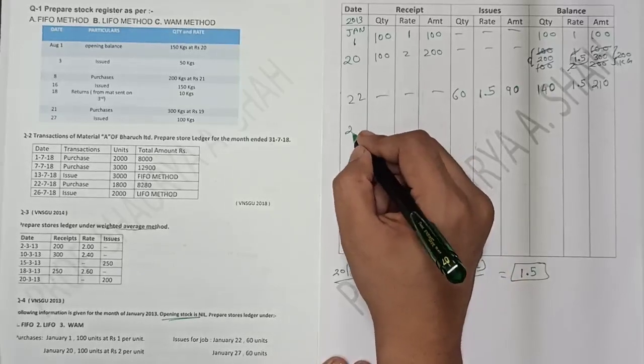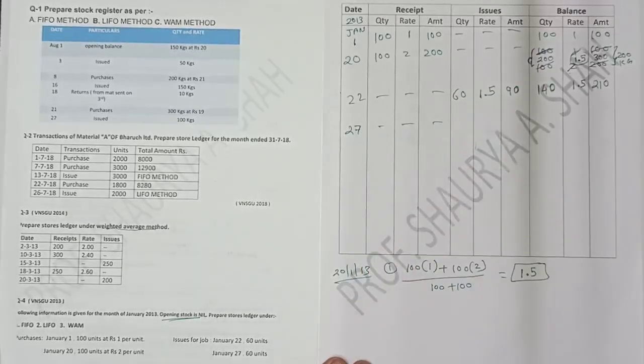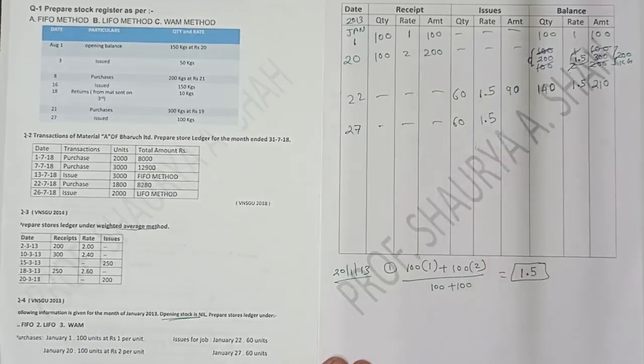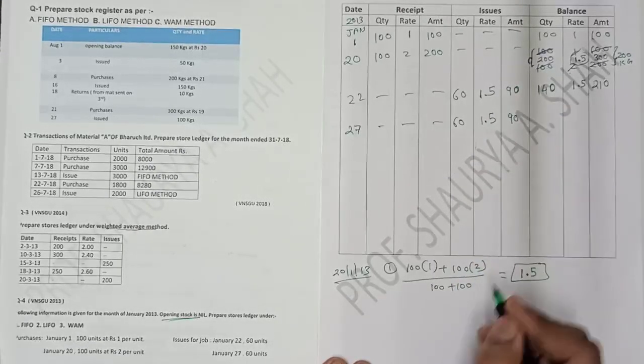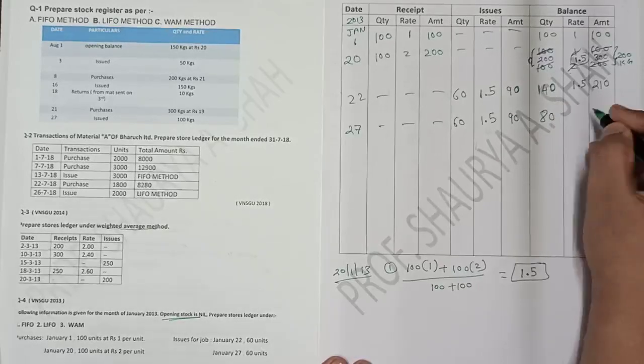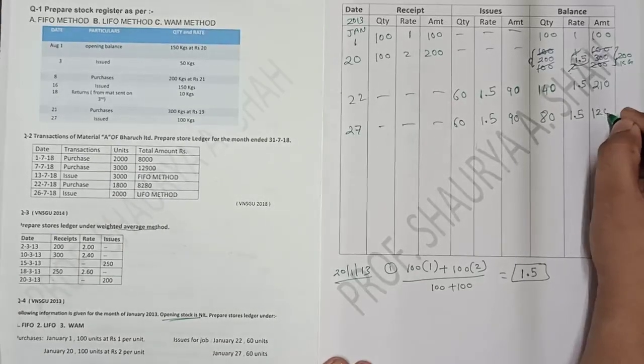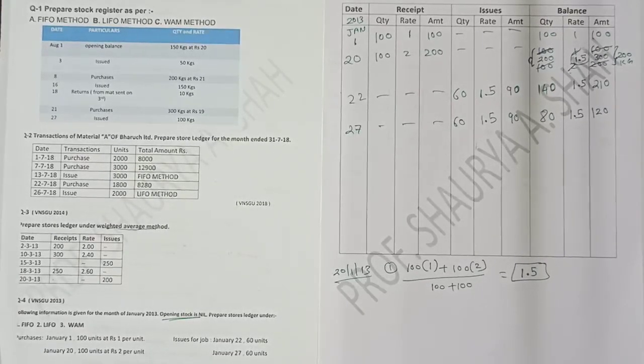So again on 27th of January there is a new issue of 60 units; the rest remains the same as such, there is no new issue, so it will be 90. Now it will become 80, 1.5. So 80 into 1.5 will give me the answer of 120, right?